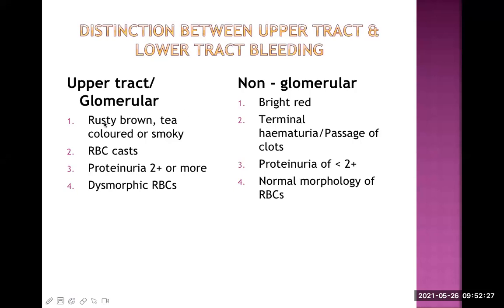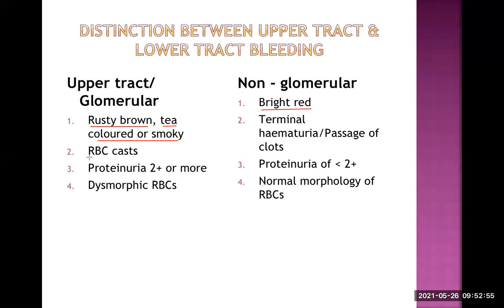Now, in glomerular bleeding, the appearance of the urine is, see here, tea-colored or smoky urine, or rusty brown or Coca-Cola colored urine, whatever term you want to use, this is the color here. Whereas in non-glomerular, it is bright red in color. So this is a big difference.